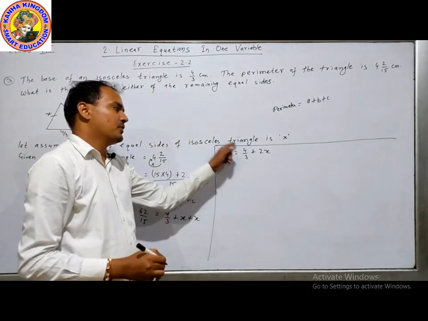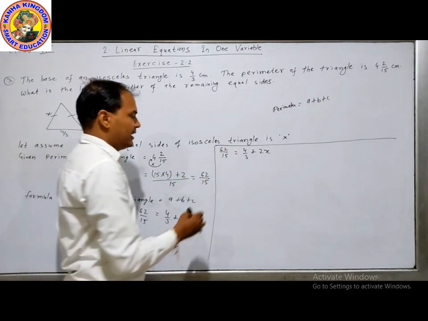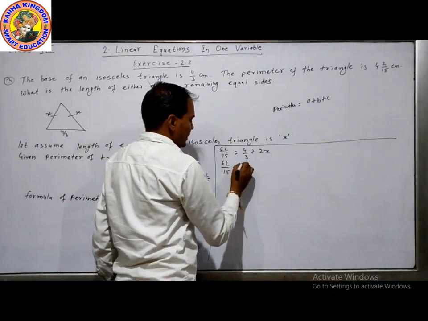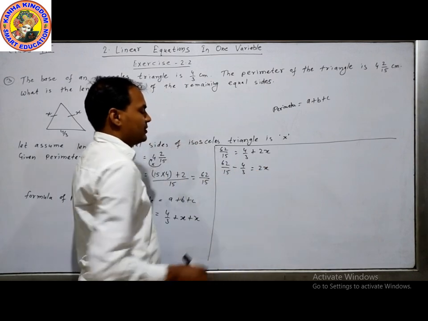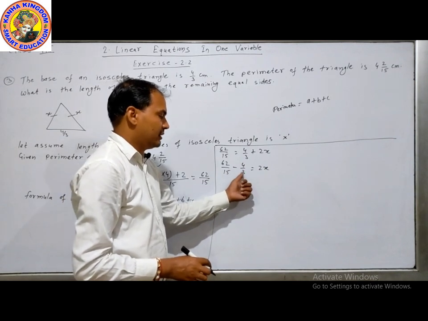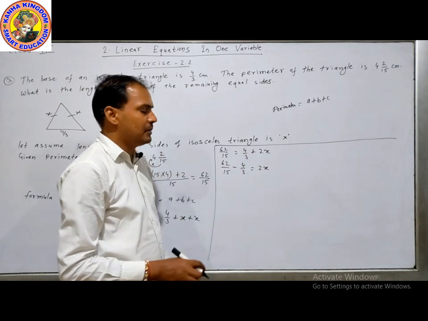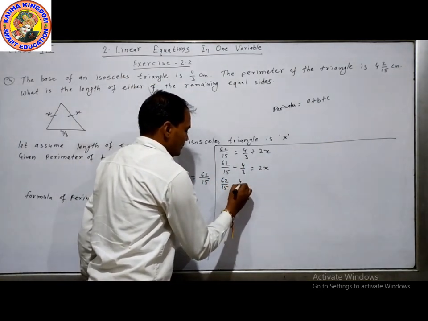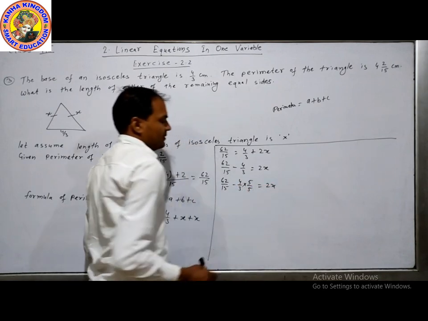Now we transpose 4/3. 4/3 is positive, moved to here it will be negative. 62/15 minus 4/3 is equal to 2x. For subtraction we need equal denominators. 3 will be converted to 15 by multiplying by 5, so we multiply the second number by 5. 4/3 multiplied by 5 over 5.